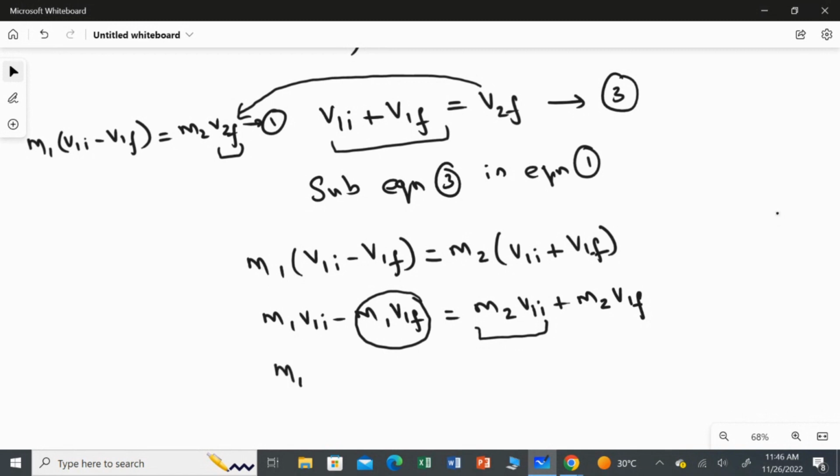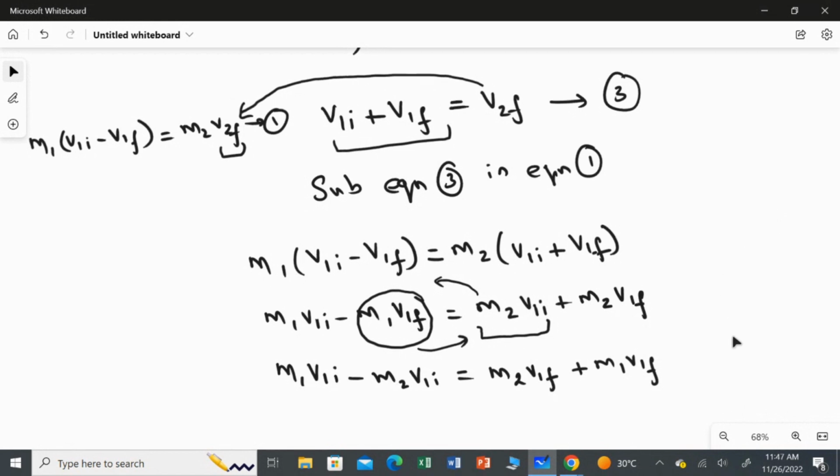M1 V1 initial, and when you move this term to the left hand side, it will take a negative value because previously it is positive. So minus M2 V1 initial, which is equal to, and here I'm moving V1 final, so M2 V1 final. When you move this term to the right hand side, the negative becomes positive, so this term will take the positive value of M1 V1 final.